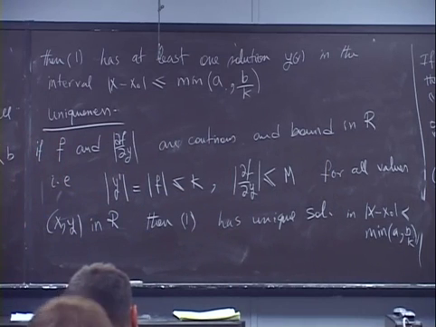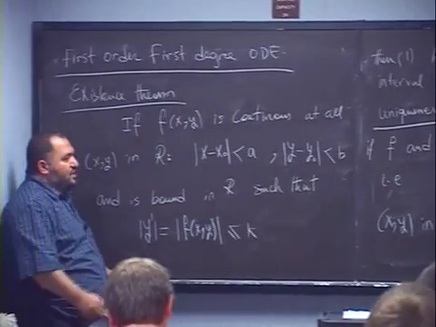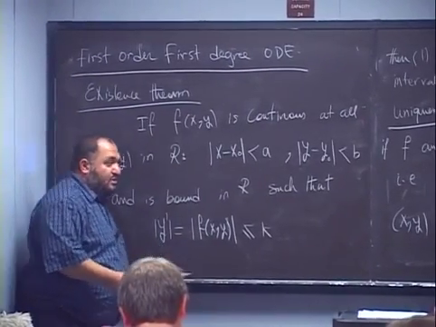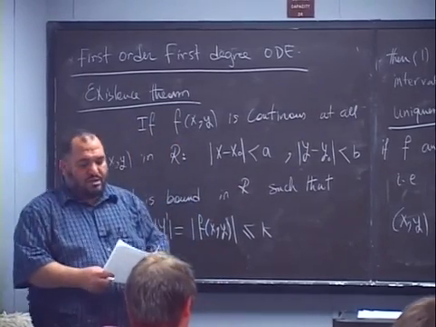Those two conditions for the existence of a solution and uniqueness of the solution are sufficient conditions, but they are not necessary conditions. What do we mean?